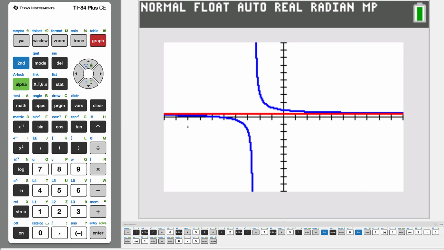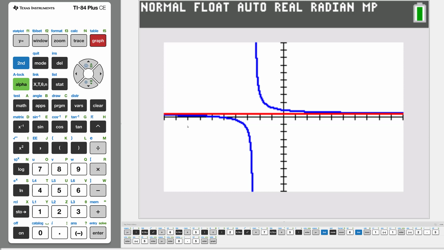What's not good about this view, though, is that it might look superficially like the graph comes in contact with the horizontal asymptote. It does not, in fact, come in contact with it. And so that is a hole in the range. You will not be able to find an input value for this function which will spit out y equals 1/2 as an output value.